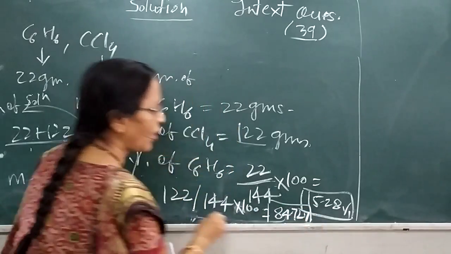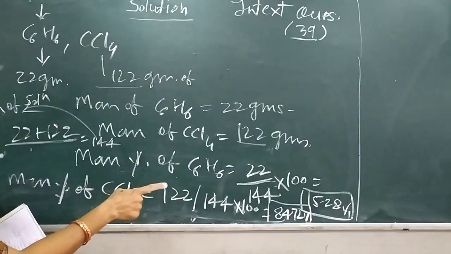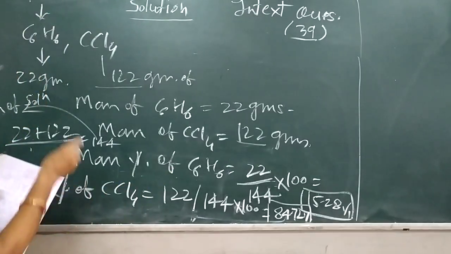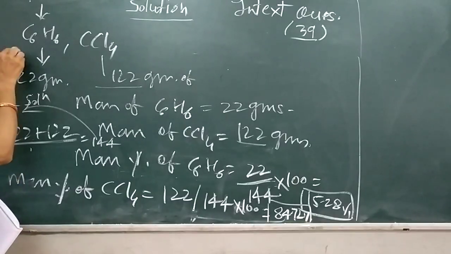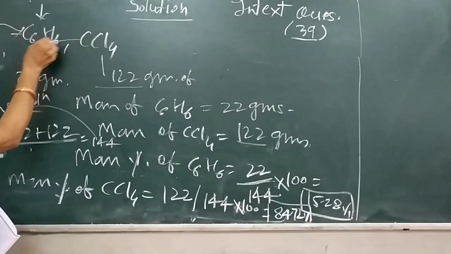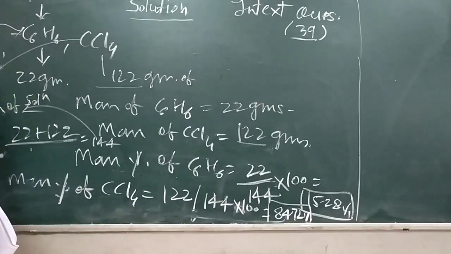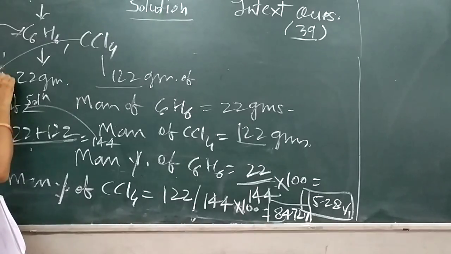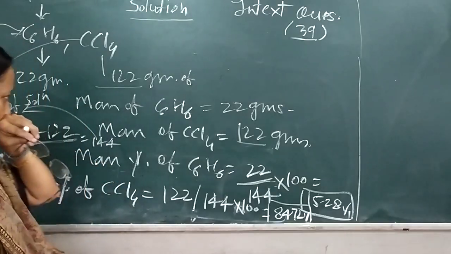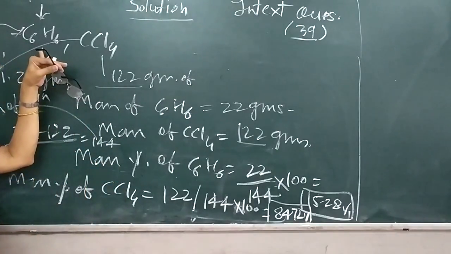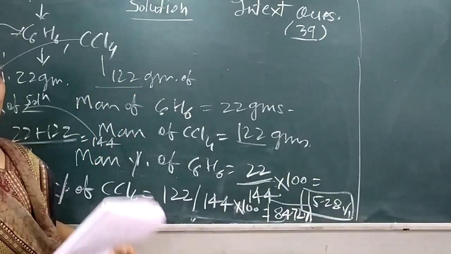So these two are our answers: 15.28% for benzene and 84.72% for CCl4. Here the mass percentage of benzene as well as CCl4 has been calculated.